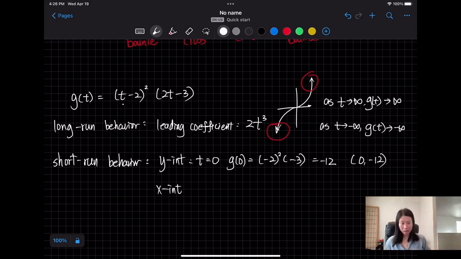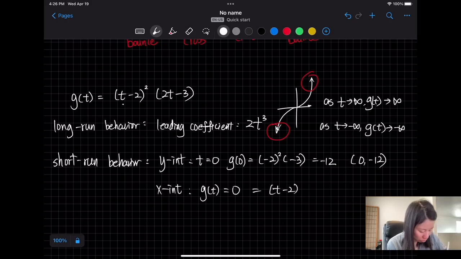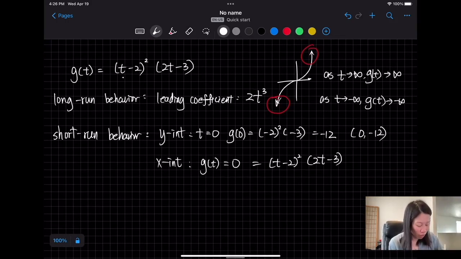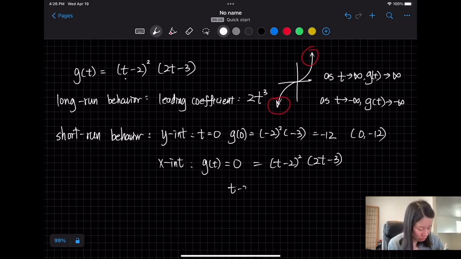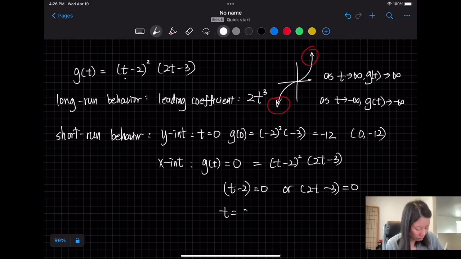Now the x-intercepts. For the x-intercepts, I want the function g of t equal to 0. That means I have (t minus 2) squared and (2t minus 3) equals 0. When I solve it, each factor, t minus 2 equals 0, or 2t minus 3 equals 0, gives t equals 2 or t equals 3/2.